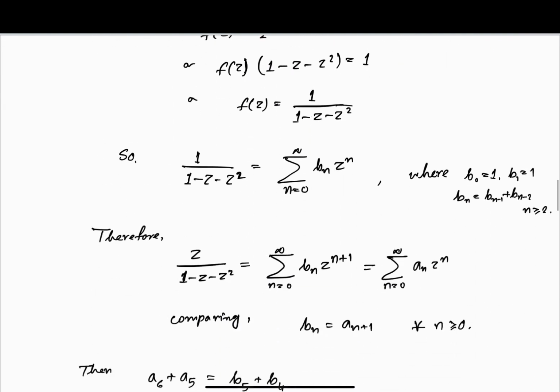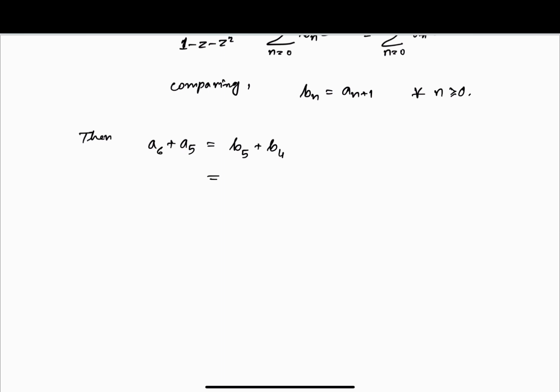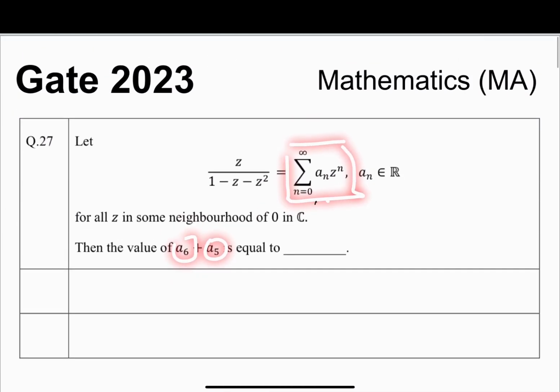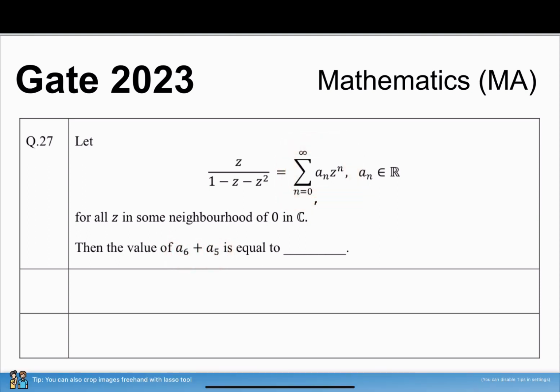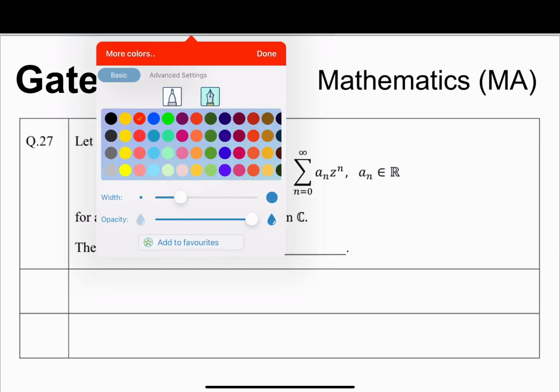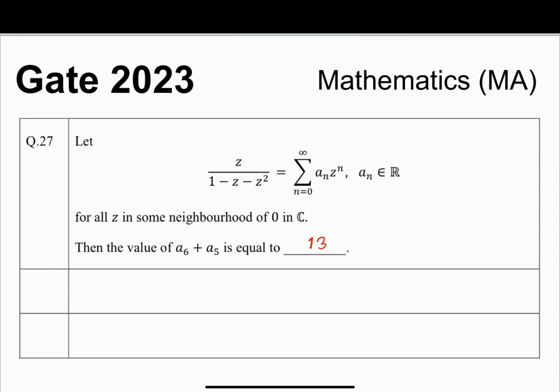So this will be 8 plus 5, which is 13. Therefore a6 plus a5 is 13.